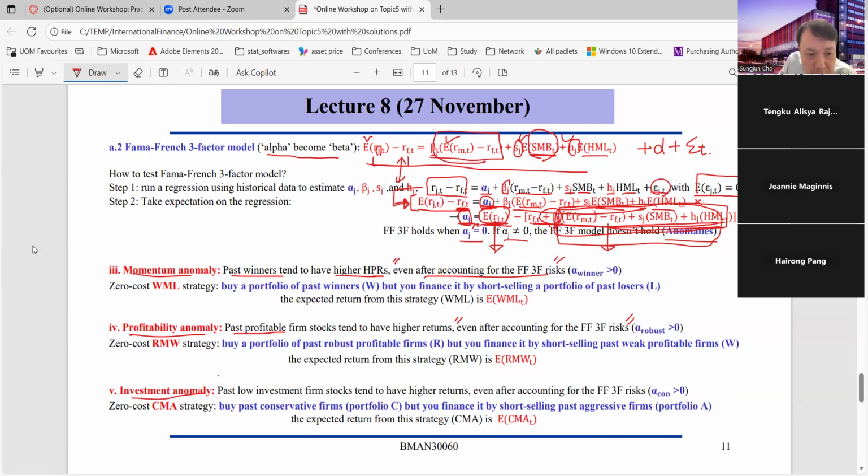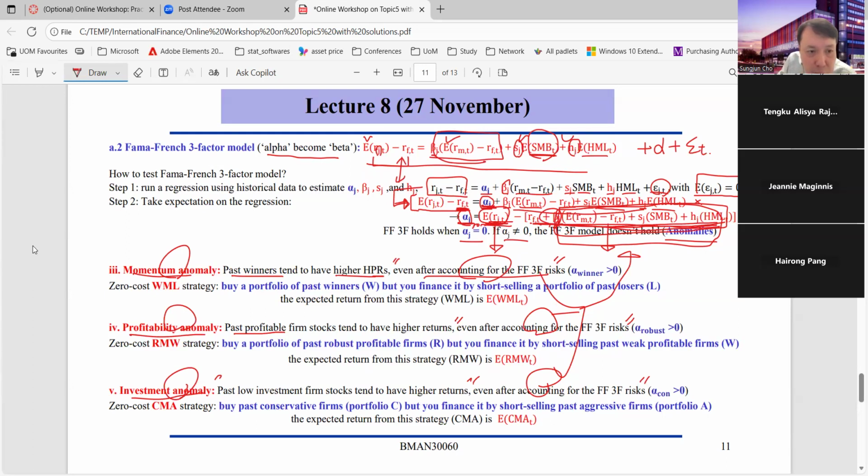Investment anomaly: if you buy a group of low investment firms, that strategy will generate higher holding period returns even after accounting for Fama-French three-factor risk. All of this says that by implementing momentum, profitability, and investment strategies, your return will be more than what Fama-French three-factor says you should earn.